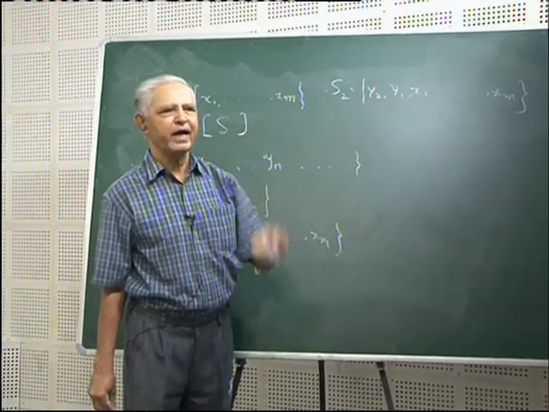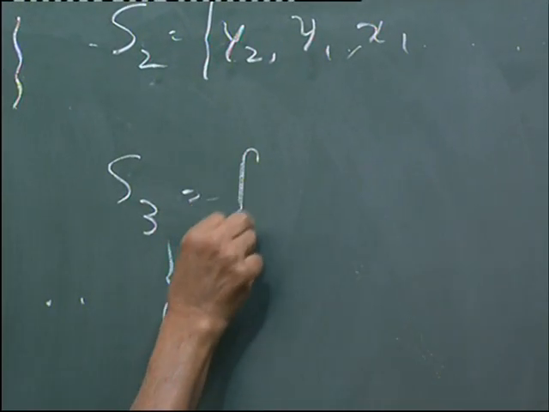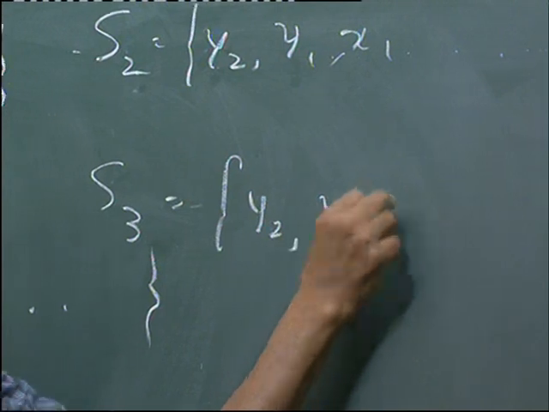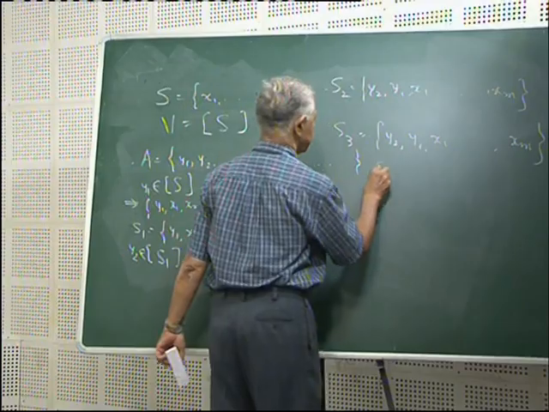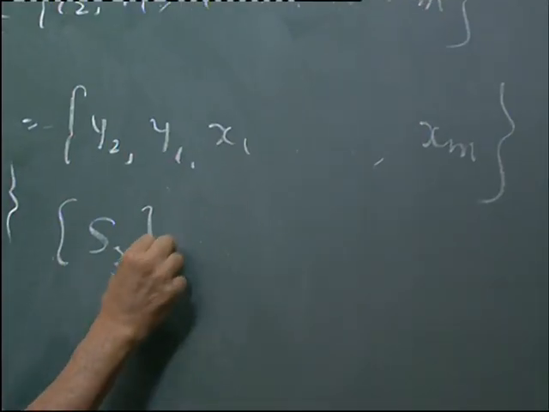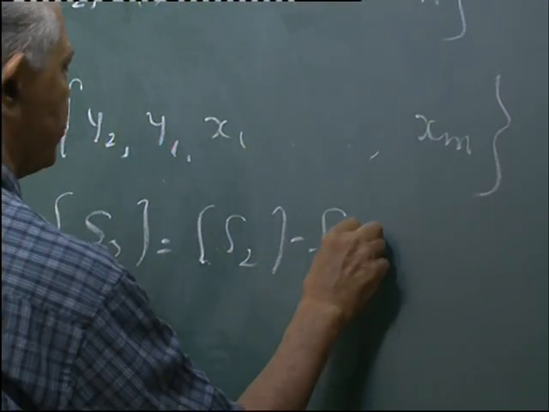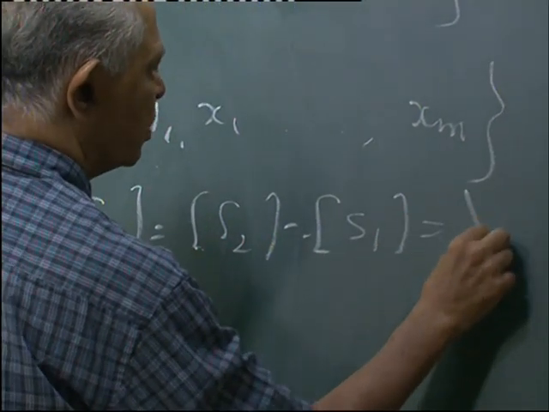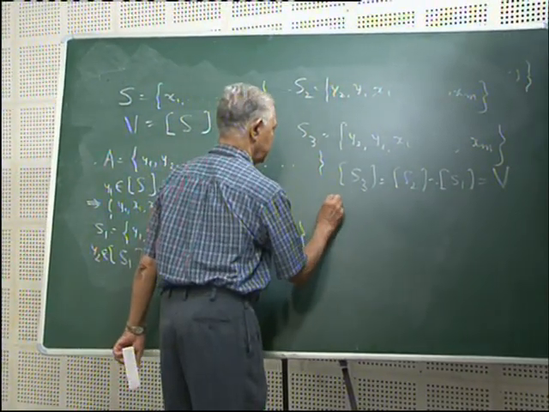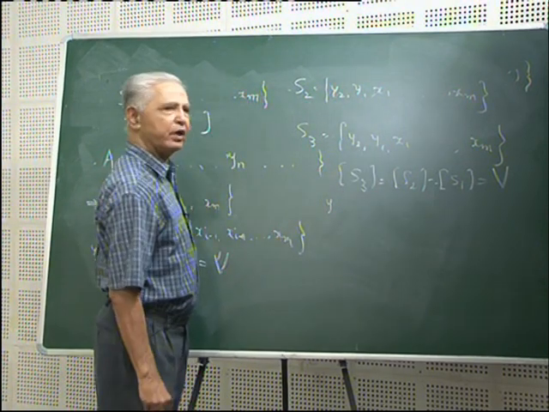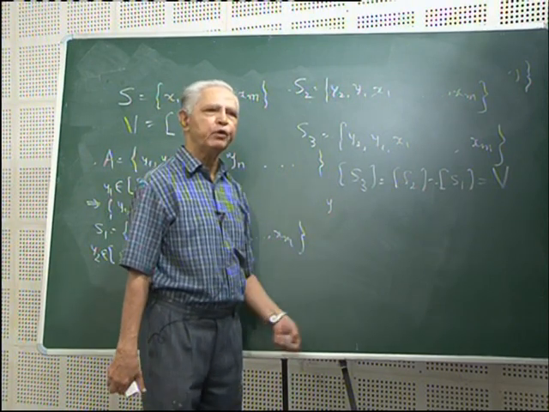So, we remove the vector xj and we get the third set {y2, y1, x1, ..., xm} without xj, such that the subspace spanned by S3 is the subspace spanned by S2, equal to the subspace spanned by S1, and that is equal to the whole vector space V. Again, now we introduce here y3. So, at each step we continue this process.